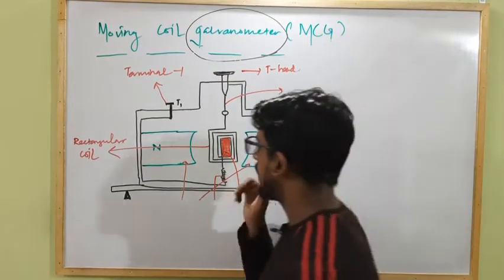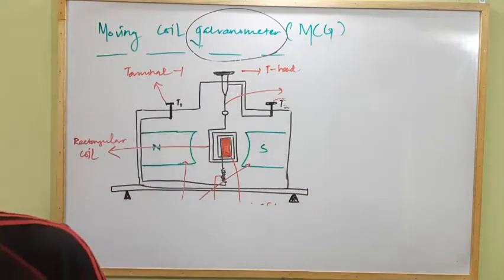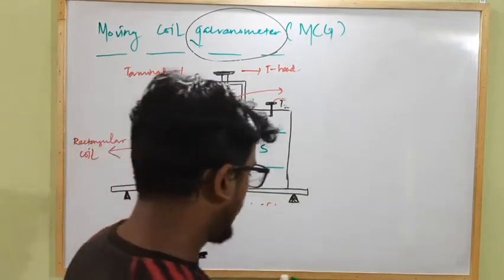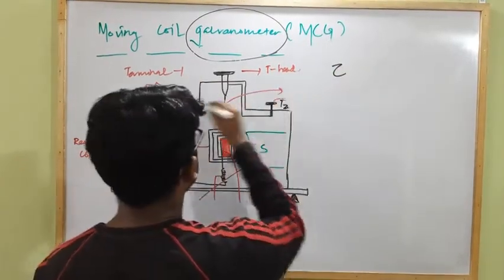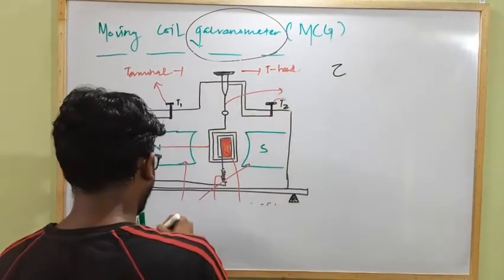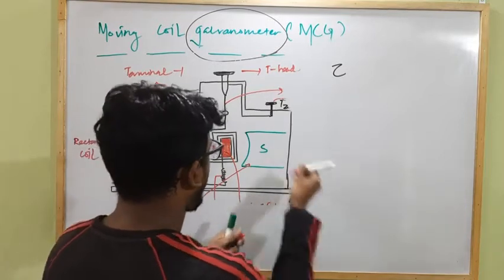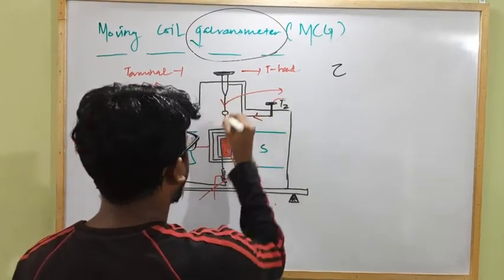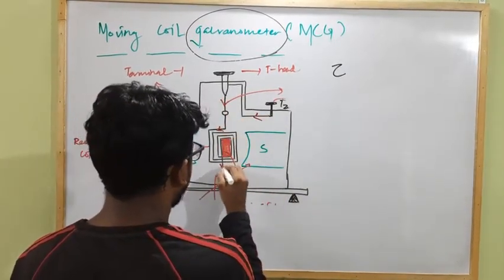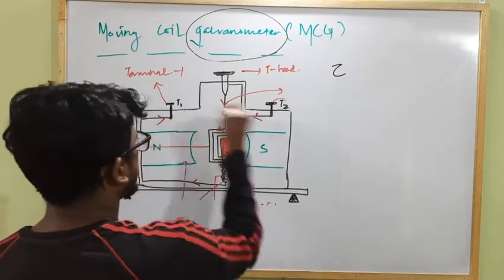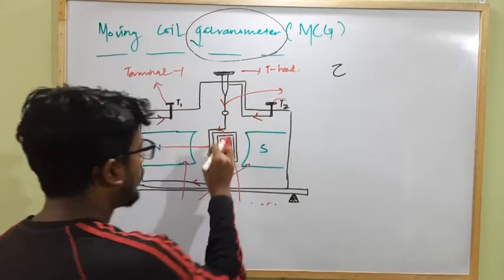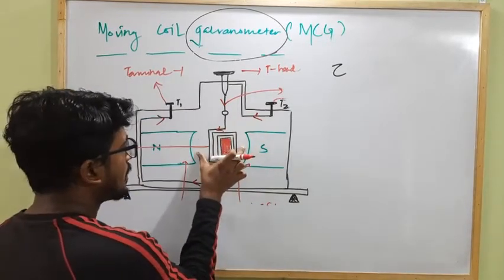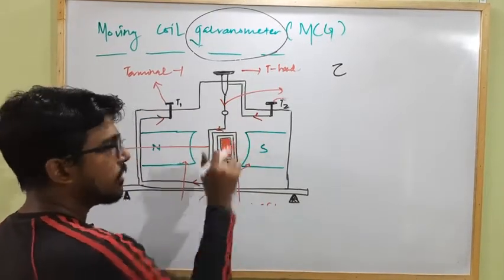So what is the working of this moving coil galvanometer? When current is flowing through a coil, we know it will experience a torque. What is the value of torque? Here, if current is flowing through this terminal T1 and T2, the current will flow like this, and it comes along this. Due to current flowing through this coil, as it is placed in an external magnetic field, it will experience a torque.